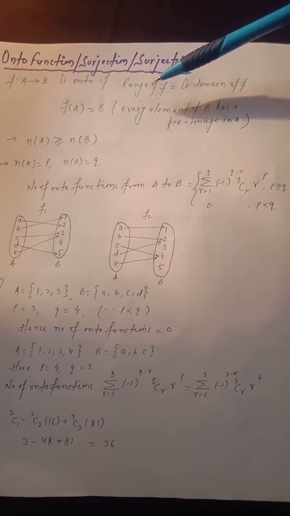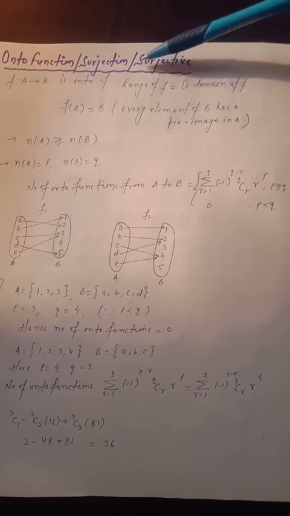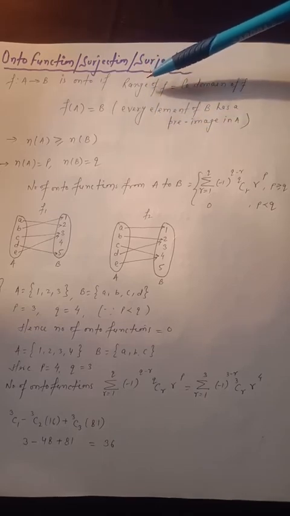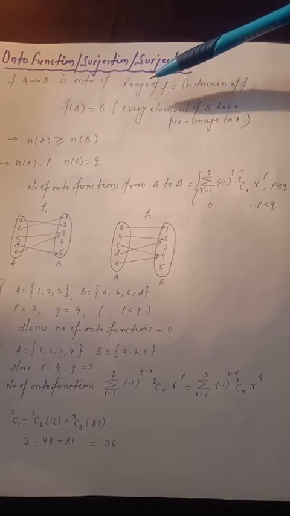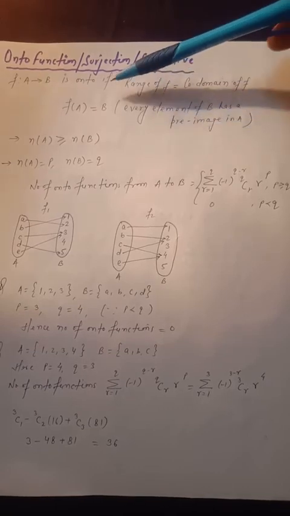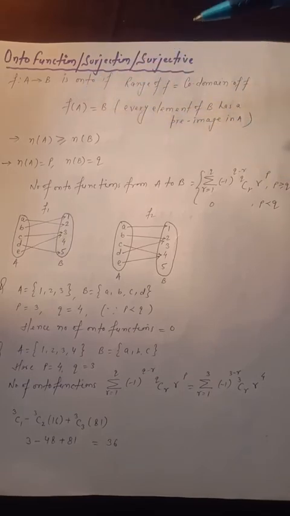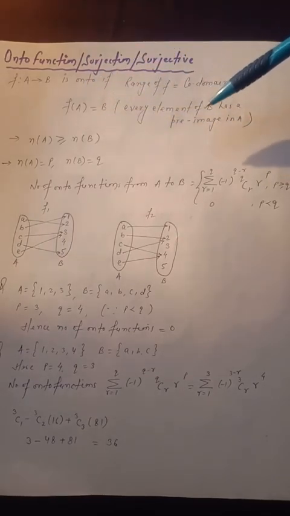Or simply, for an onto function, no element must be left in set B. This is the key concept. If a single element is left in set B, then the function is not onto. We can represent it as f(A) = B. So here every element of B has a pre-image in A.